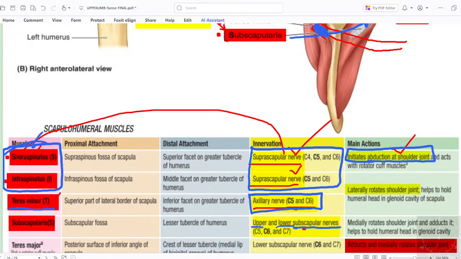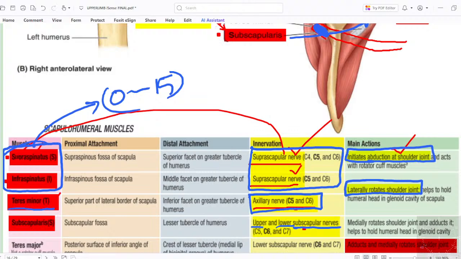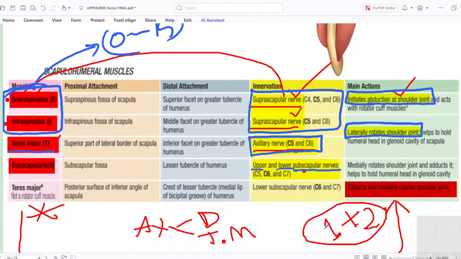So it causes initiation of abduction of the shoulder. Infraspinatus and teres minor cause lateral rotation of the shoulder joint. And subscapularis causes medial rotation of the shoulder joint.